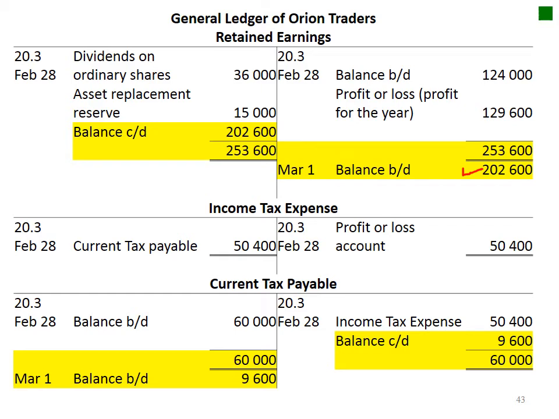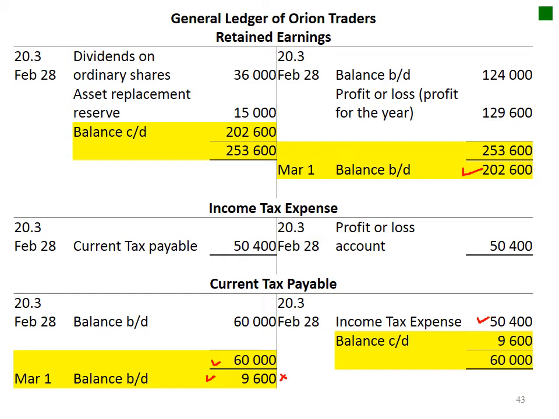Please take note now, when you balance the current tax payable account, the debits are bigger than the credits. That means we have prepaid more tax than we needed to pay. 60,000 minus 50,400, it means we've overpaid tax by 9,600 Rand. So this 9,600 Rand is actually going to go as a current asset.